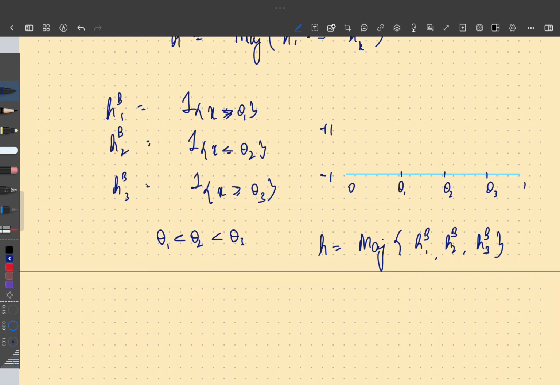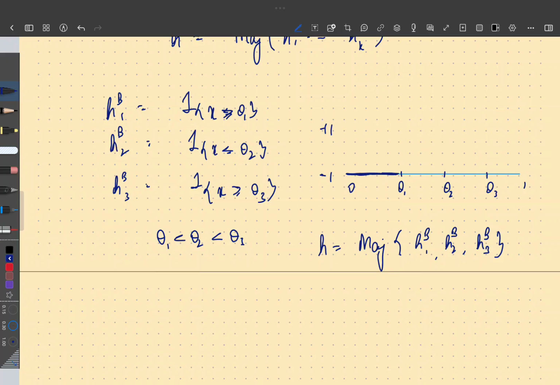So in the interval from 0 to theta 1, what is the labeling? In 0 to theta 1, H1b is going to output -1, H2b is going to output +1, and H3b is going to output -1. So here it's -1.